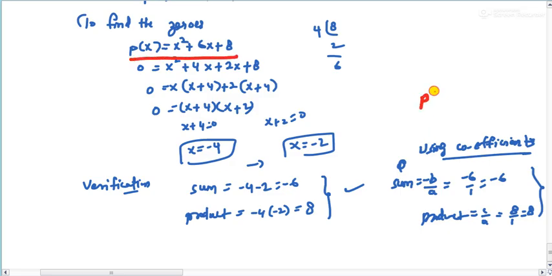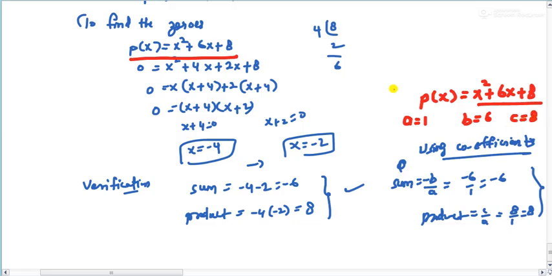So we have the polynomial as x square plus 6x plus 8. So from this data we can write a is 1, b is 6, and c is 8. Got it? Any doubt? Is it clear?